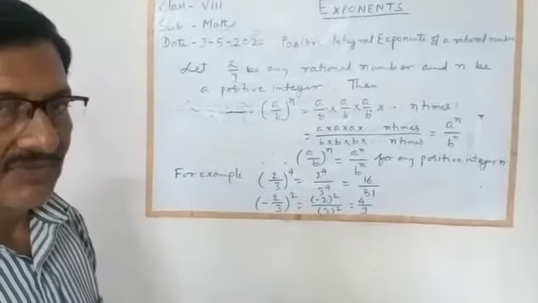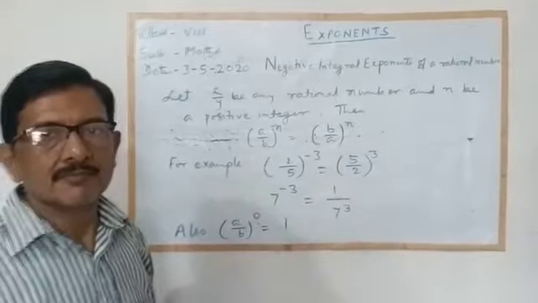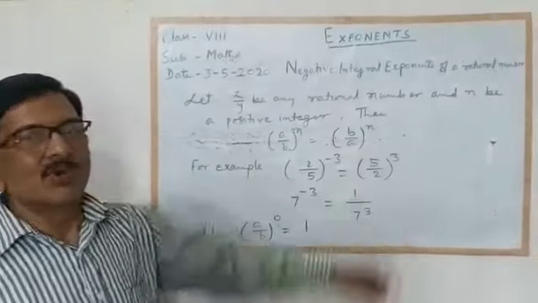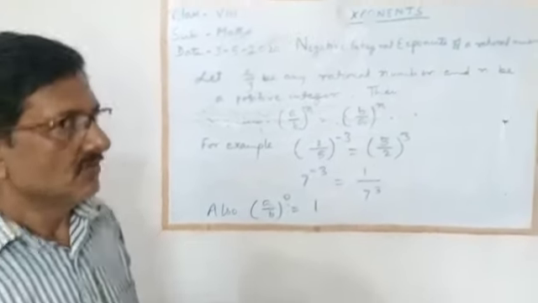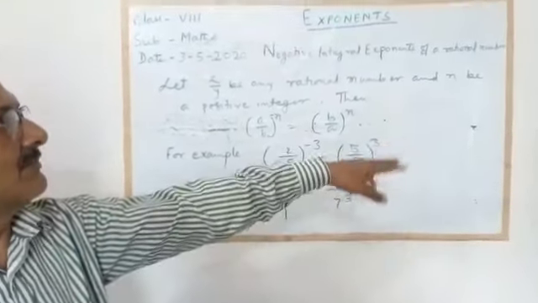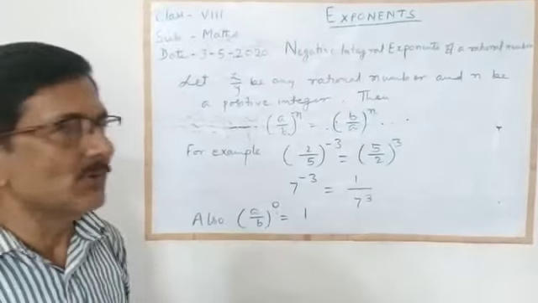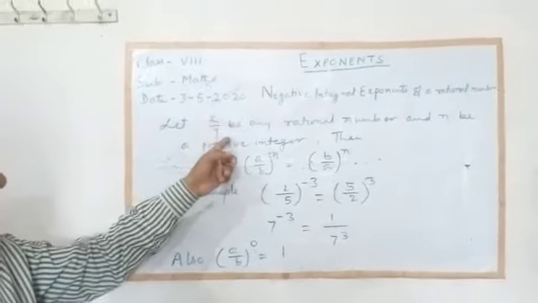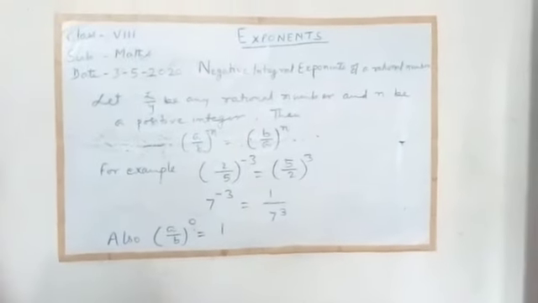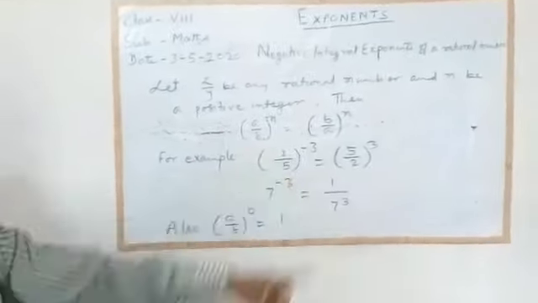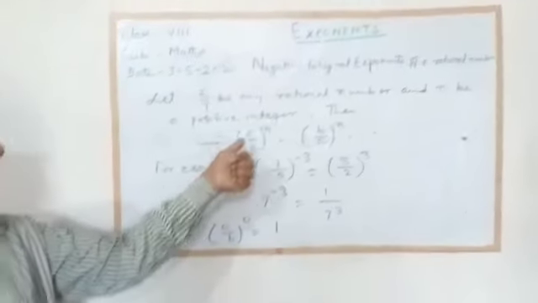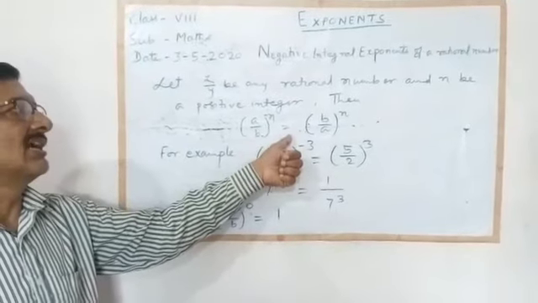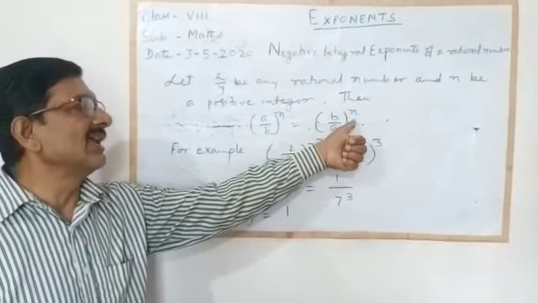Okay. Now we will discuss the negative integral exponent of a rational number. What happens when a given rational number has a negative integral exponent? Let x by y be any rational number and n be a positive integer, then we can define (a/b)^(-n) will give you the result (b/a)^n.